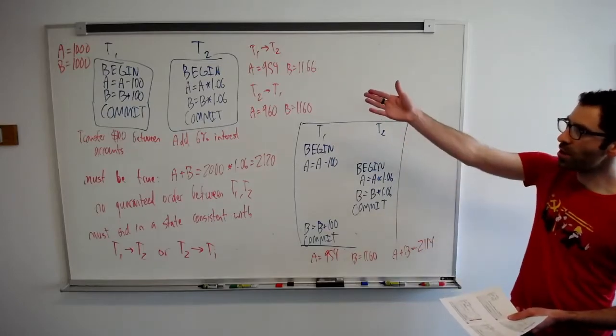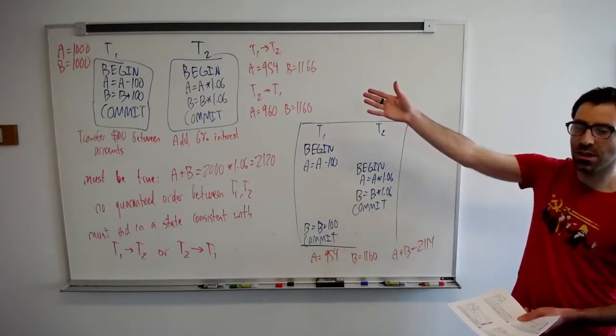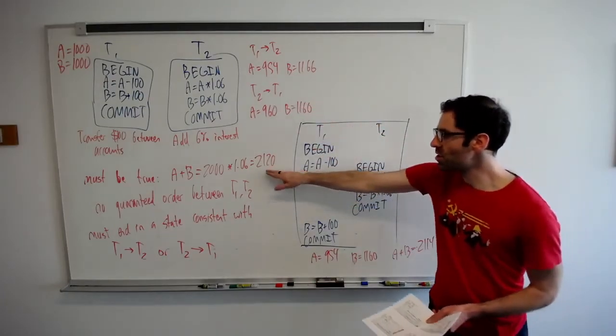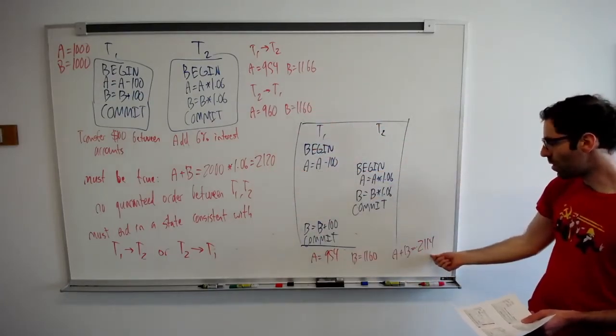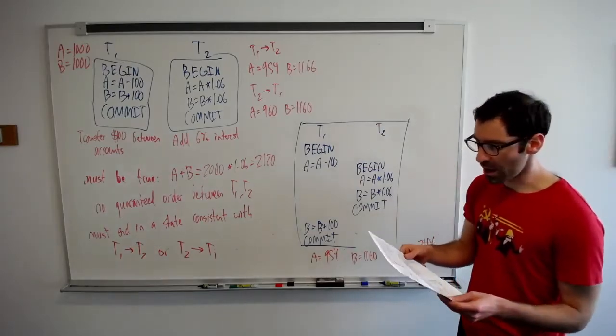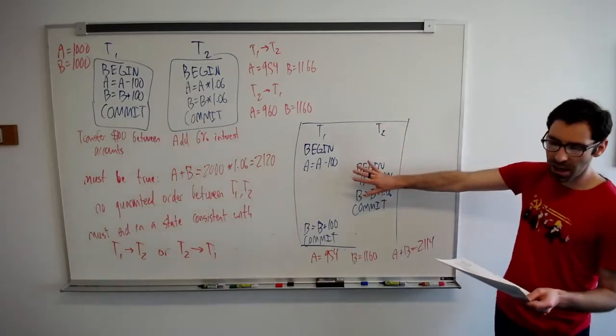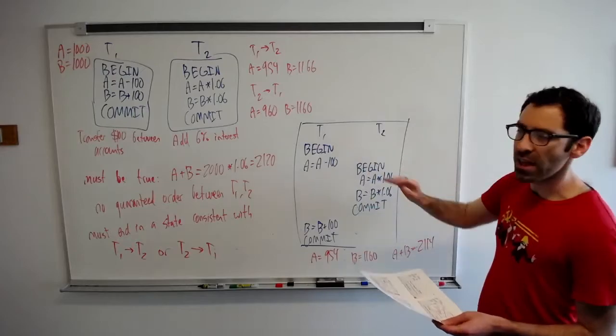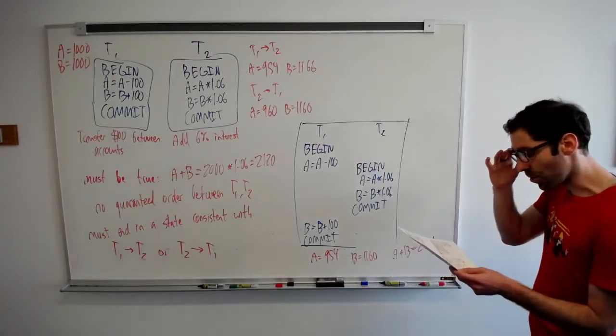We started out with 1,000 and 1,000. We should have just done a transfer and applied our interest, so we should see 2120. We only see 2114. This is an example of a bad interleaving, something that would violate our isolation principle.